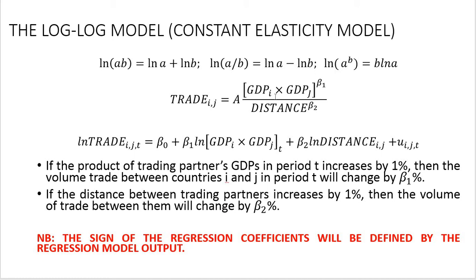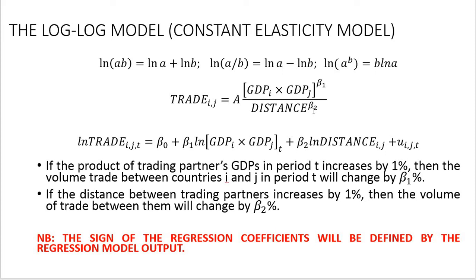Sometimes population is used, sometimes gross national income instead of gross domestic product. So there are many possible specifications of this model, but the baseline formula remains the same. And the volume of trade is negatively dependent on the geographical distance between trading partners. Geographical distance, okay, it's very simple. You basically just measure it in kilometers.